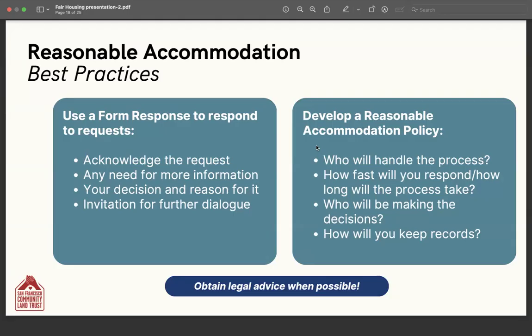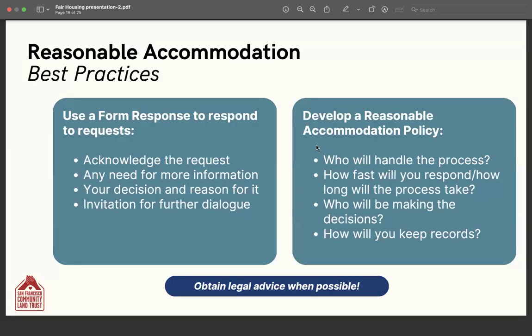So the first suggestion is to use a form response to respond to requests, and making sure in that response that there's an acknowledgement of the request that someone has made around a reasonable accommodation, that you're detailing any needs you have for more information, if it's applicable at that time, including your decision around the reasonable accommodation request and your reason for that decision. And then finally, inviting further dialogue and any questions that people may have.